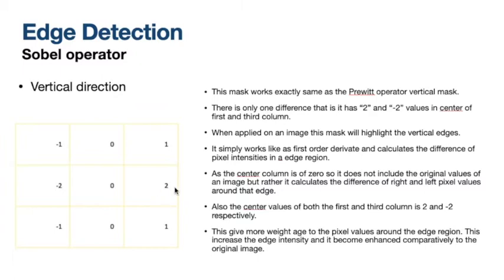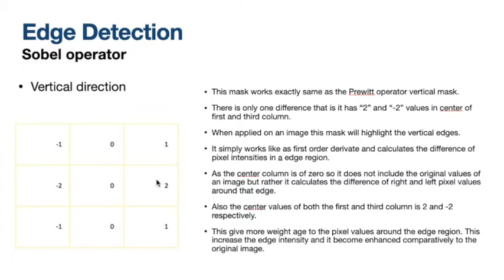The only difference is that it has 2 and -2 values in the center of the first and third column. See, in the Prewitt operator mask, it was all -1s in the first column and all ones in the third column. So here these values are changed to -2 and 2. That is the only difference in the mask.